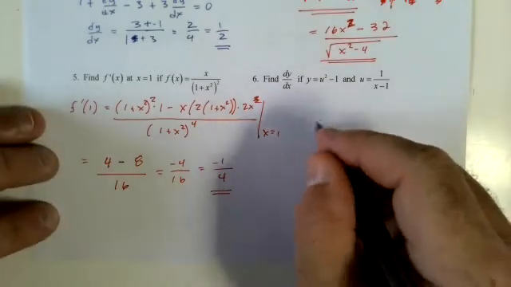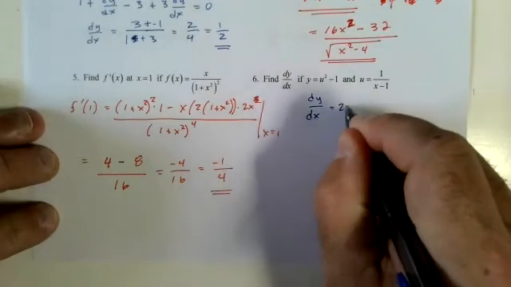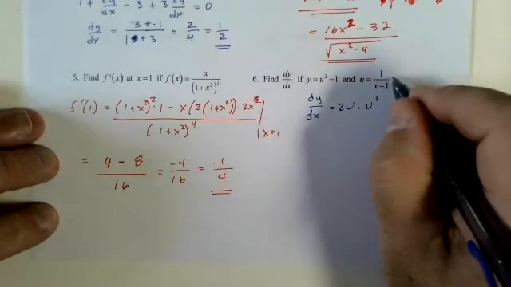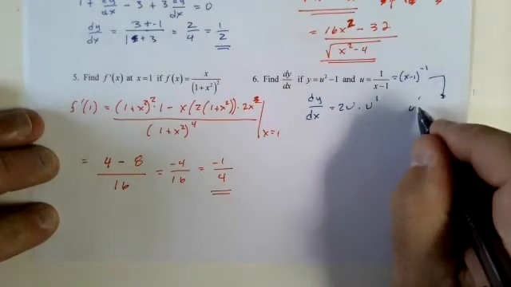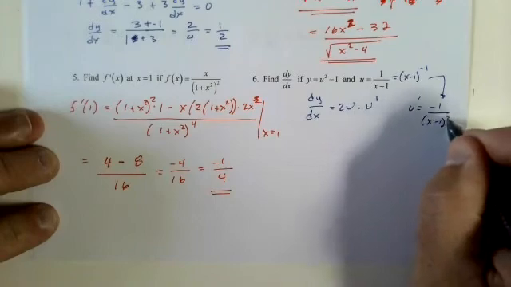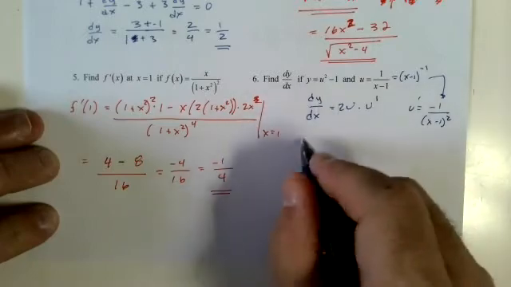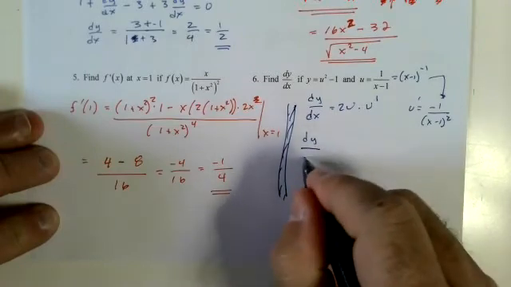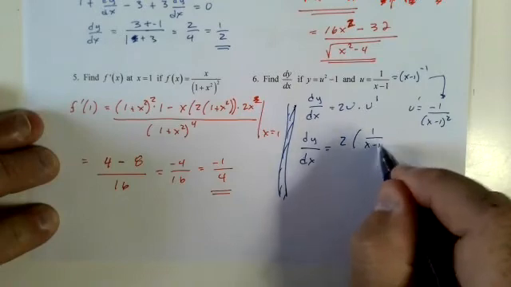Dy dx. I'll do it the ugly way. Dy dx equals 2u times u prime. U prime equals negative 1 over x minus 1 squared. So therefore, dy dx equals two times u, 1 over x minus 1.